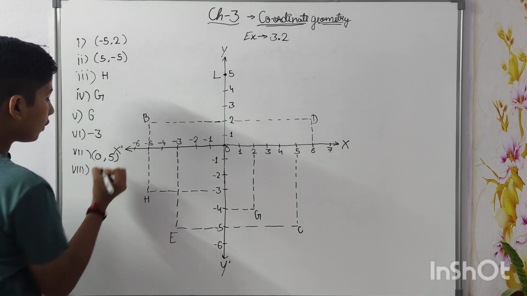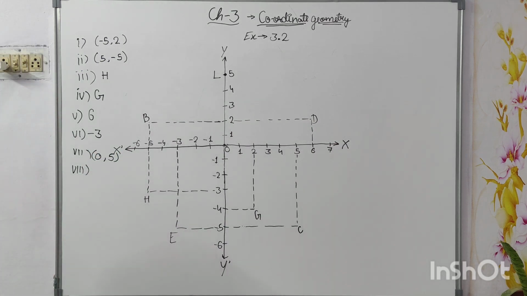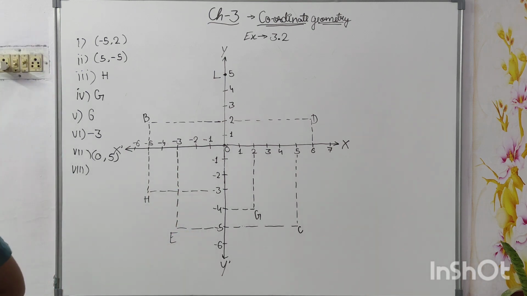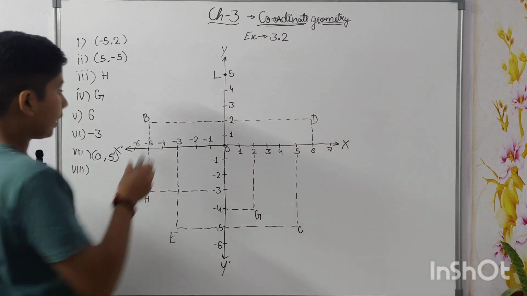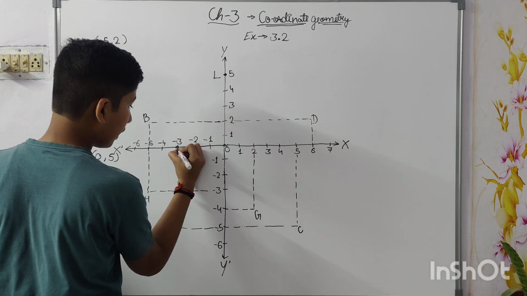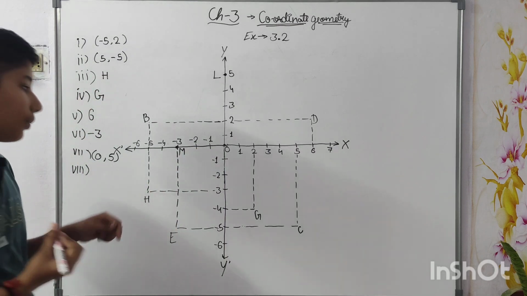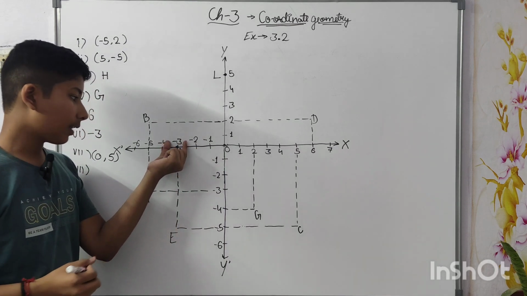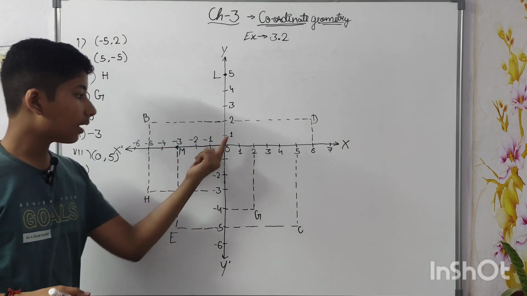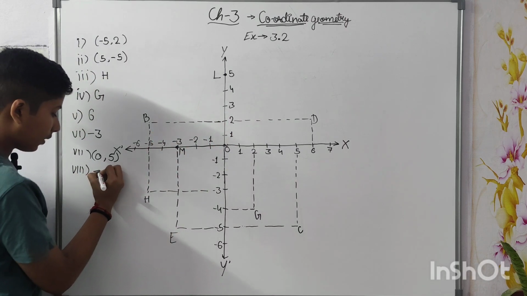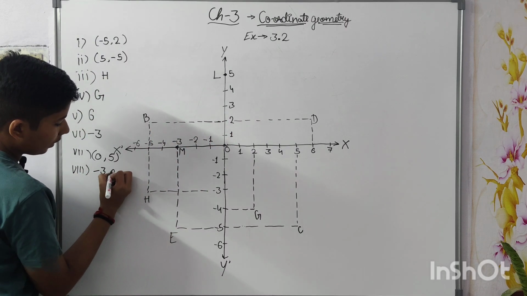So 0, 5. Now the coordinates of point M. M is also not there. Okay, here is M. This was hiding from me. So -3 is the x value, but there is no y value because it has no height. So -3, 0.